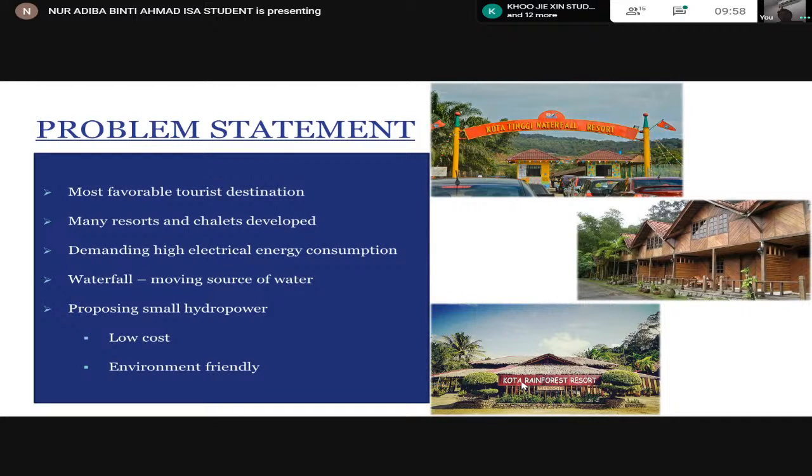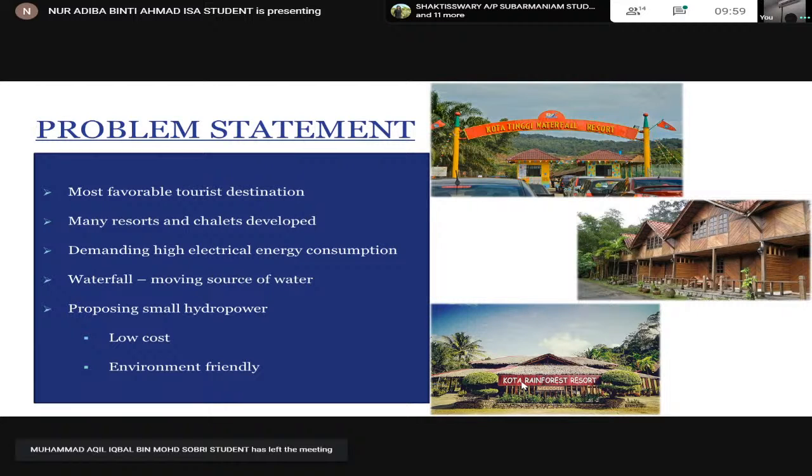What is the problem that leads to this case? This recreation waterfall could be a favorable tourism destination, not only for Malaysians but also for many foreigners. That is why many resorts, chalets and hotels have been developed near the waterfall. Here I show some examples of the resorts and chalets developed in the case study area.